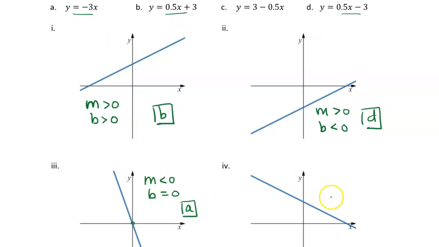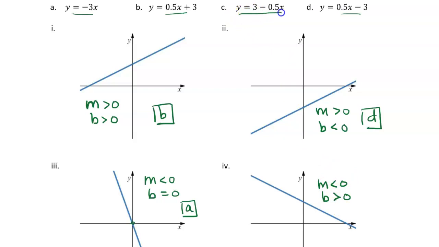Next one, the slope is negative because it's going downhill, but the y-intercept is above the x-axis, so the y-intercept is positive. Now there's only one left, but it has to have a negative slope and a positive y-intercept.